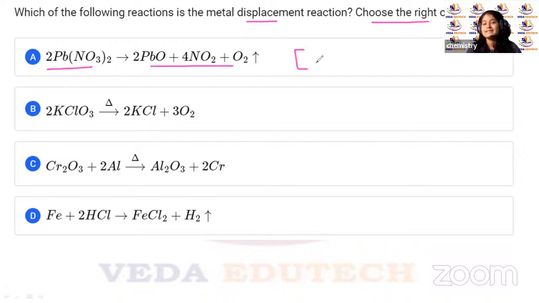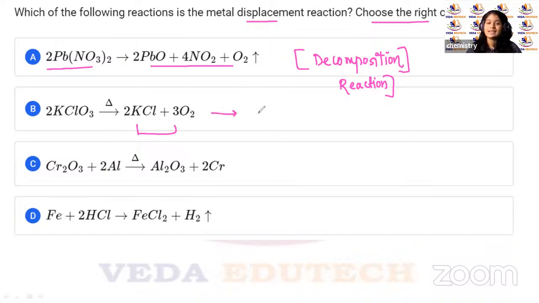Can you directly see that this reaction, children, is a decomposition reaction? Again, heat is given in this, and we are getting two products from one. So this again is going to be your decomposition reaction.